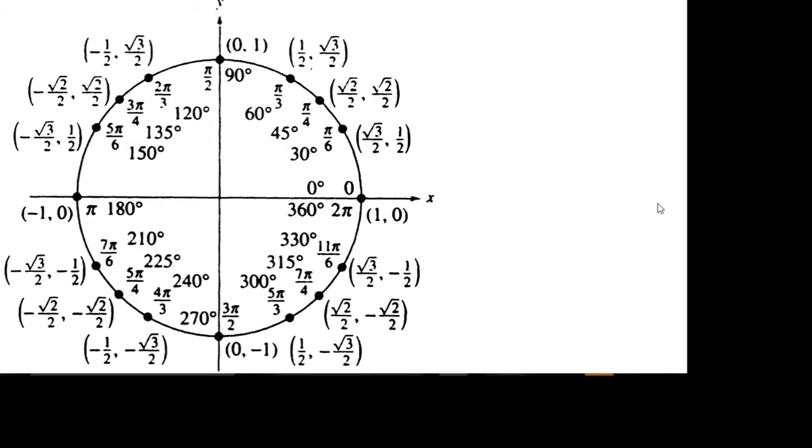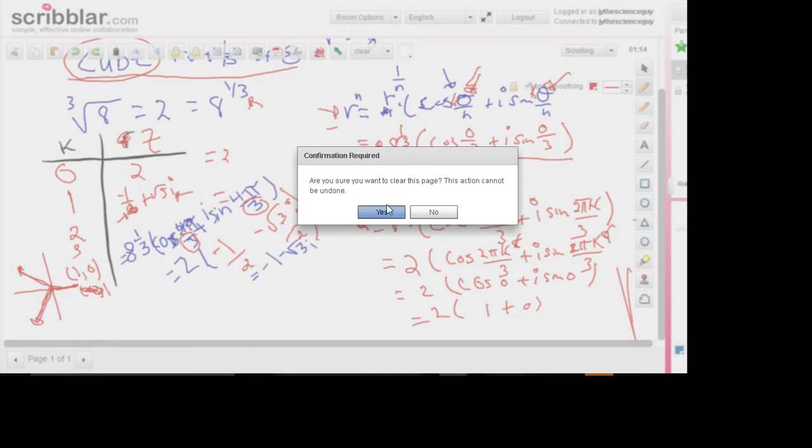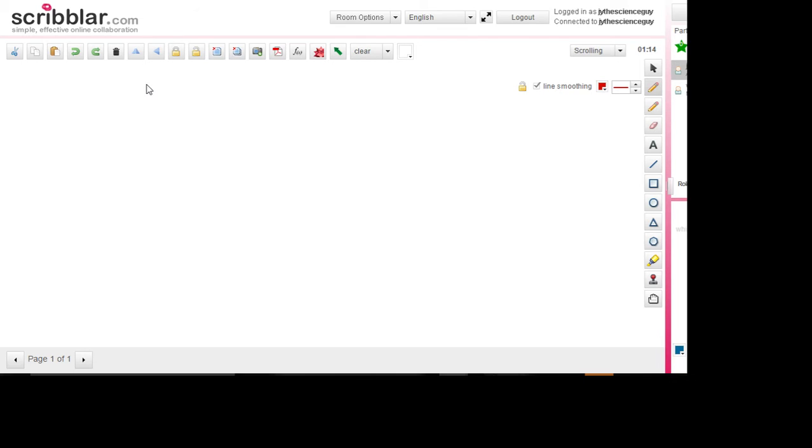Okay. So this is what I'm saying to you. I'm going to erase all of this. If you were given the question, find the 5th roots of 2, they're telling you what your 1 over n is equal to.